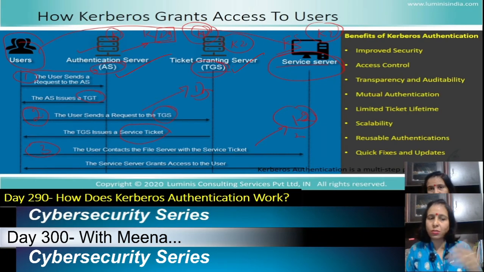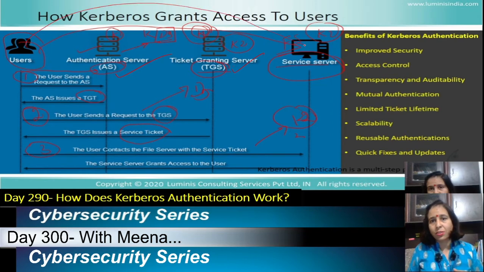If you want to know more, have a look at day 290. As you can see here, when the user wants to access the server or certain services on the server, there are a number of processes the user needs to follow, or that are followed in the background.